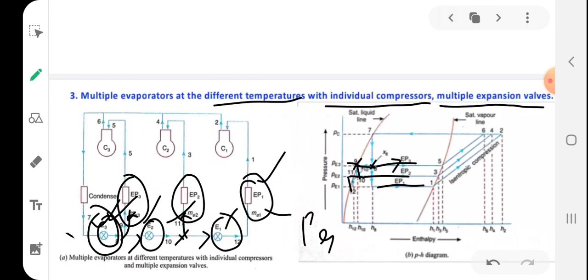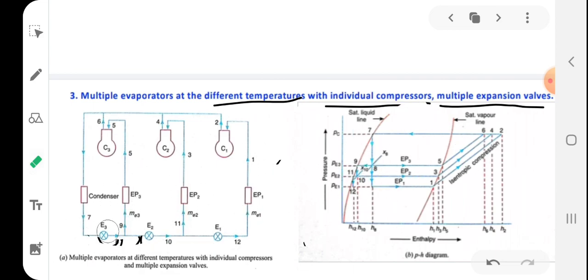But here splitting is taking place, because expansion is taking place in all the three expansion valves. That is why splitting is taking place.